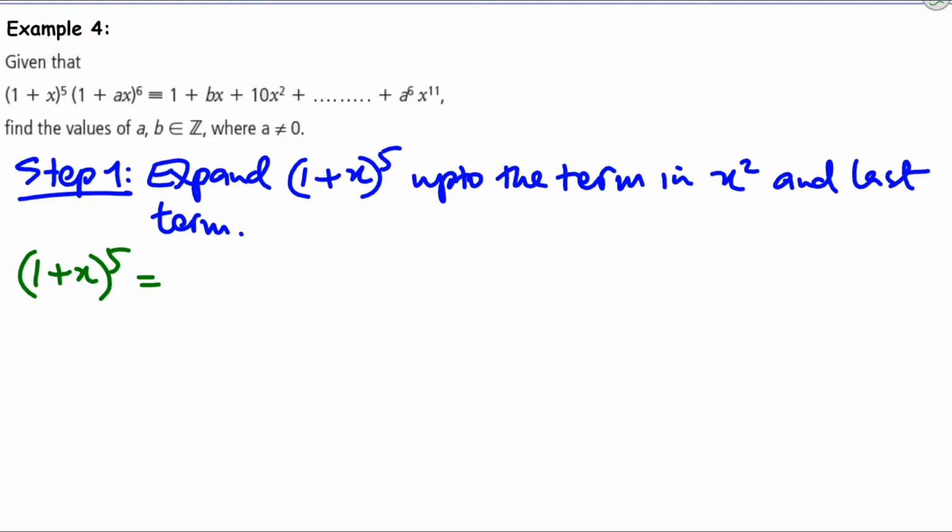So we shall just focus on powers of x here and the coefficients. So the first term here will be just 1. The second term will be 5x. And the third term will be 10x squared plus whatever comes next, plus the last term, which is x to the power 5, because the highest power of x will be 5.